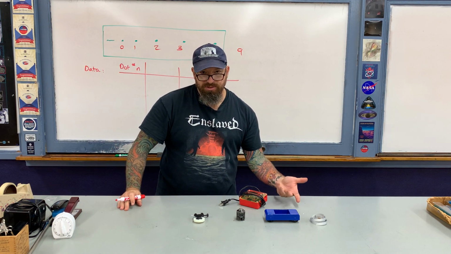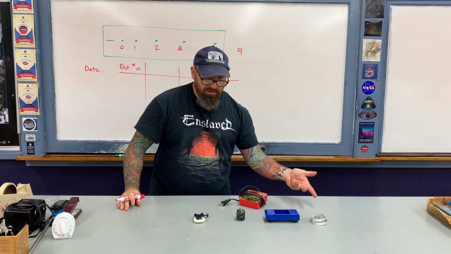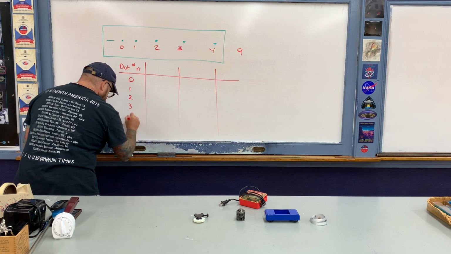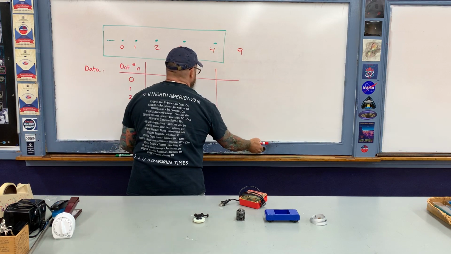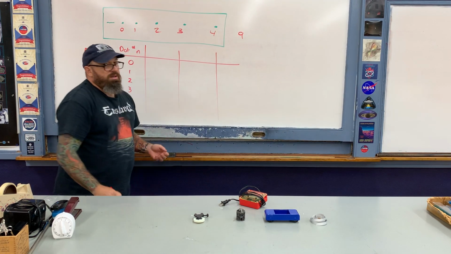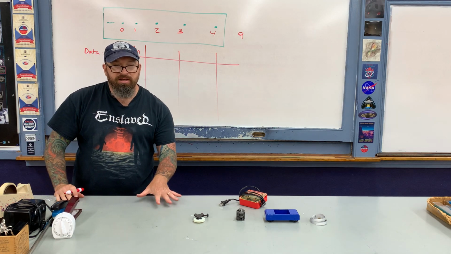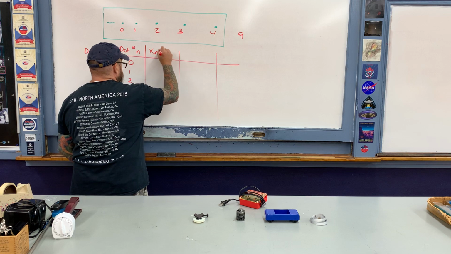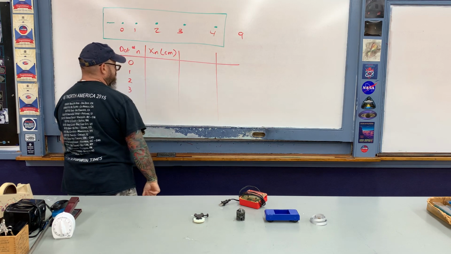That is, N is equal to 0, N is equal to 1, N is equal to 2, and so on. So we have 0, 1, 2, 3, and so on, ultimately out to a dot 9. Then the next column is going to be the position at the nth dot, in terms of centimeters.